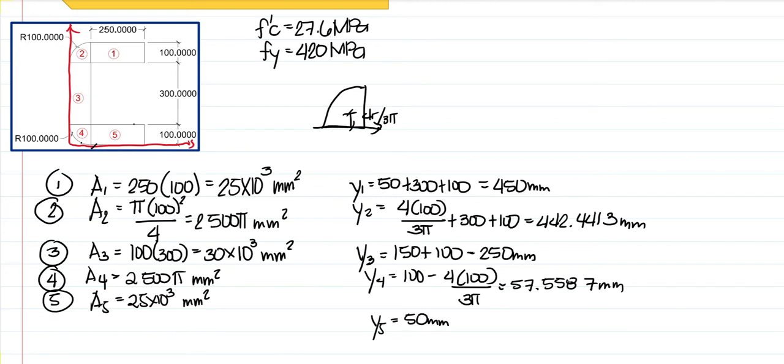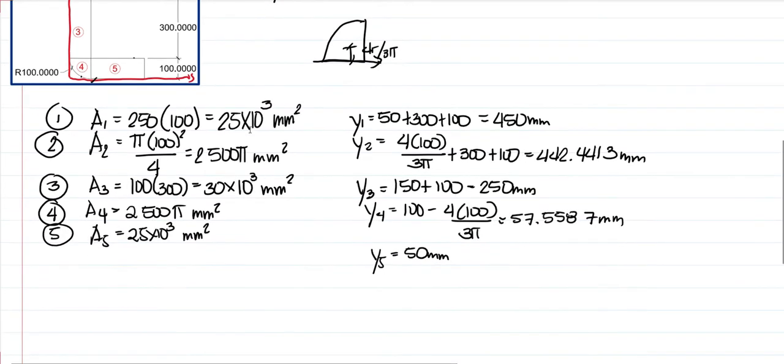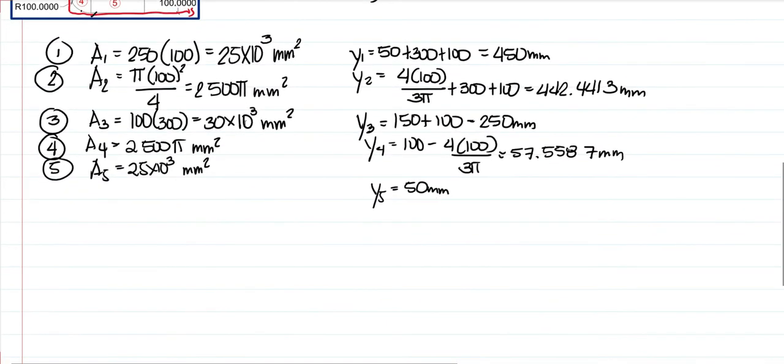Now, getting the centroid, we will use the Varignon's theorem. So, the total area times y bar from the bottom, or let's just say y bottom, will be equivalent to the summation of A times y divided by the total area.